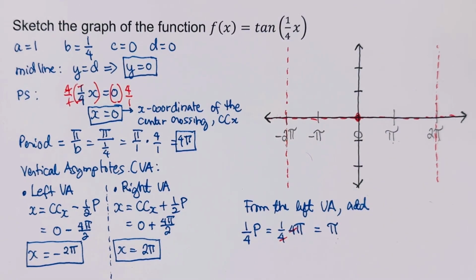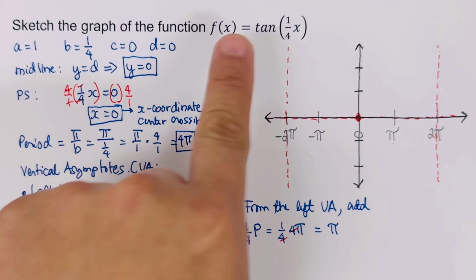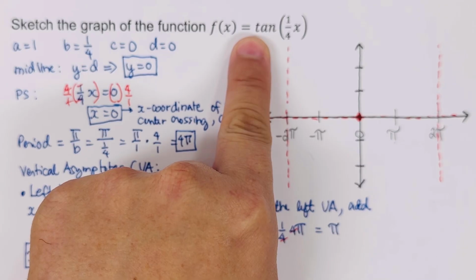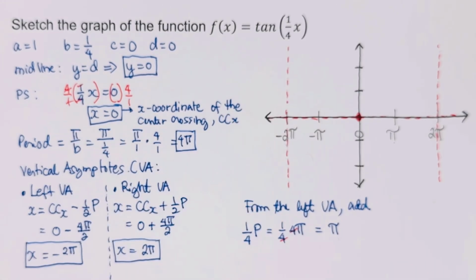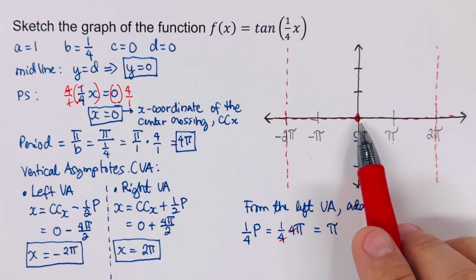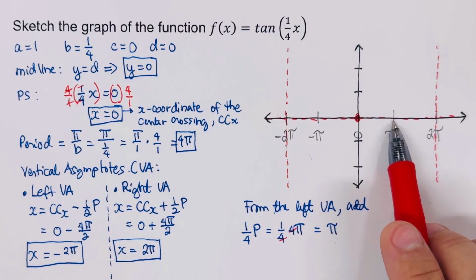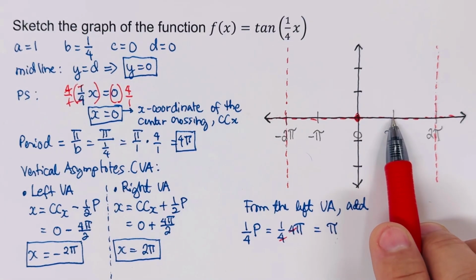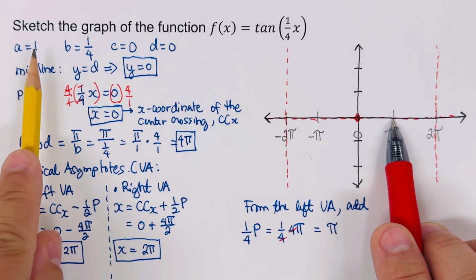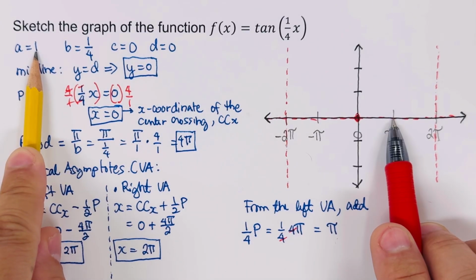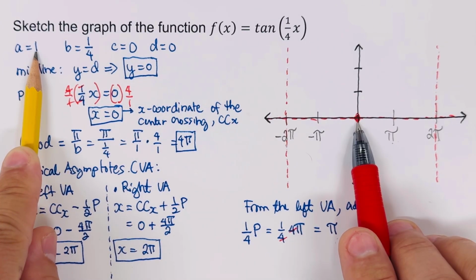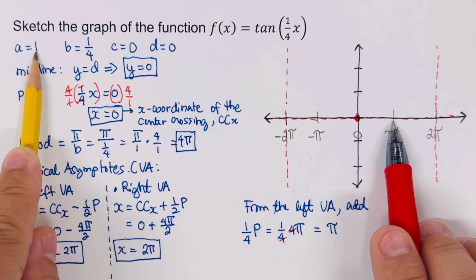So we go ahead and determine the next point using the stretch factor. Since this is a positive graph, the right end of our tangent graph is going to go towards the right side. So we go pi step to the right, and then we will use the a value to determine the next dot. We go quarter step of the period to the right, and then we go up 1.